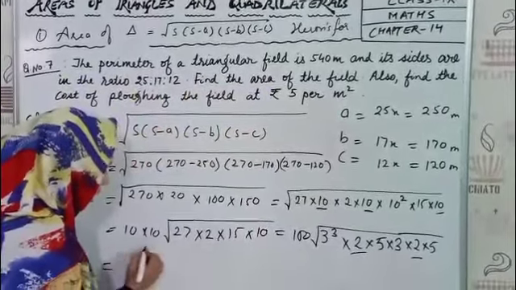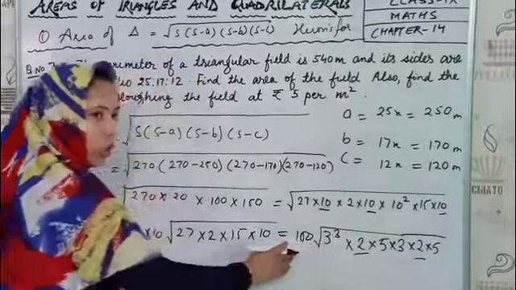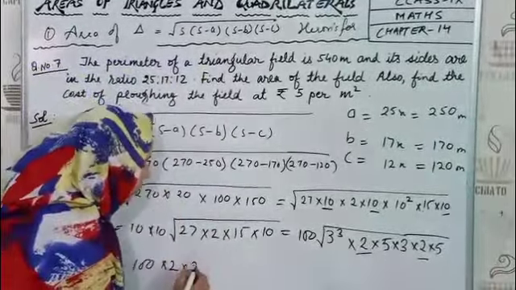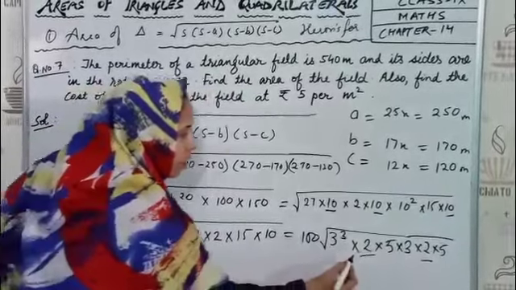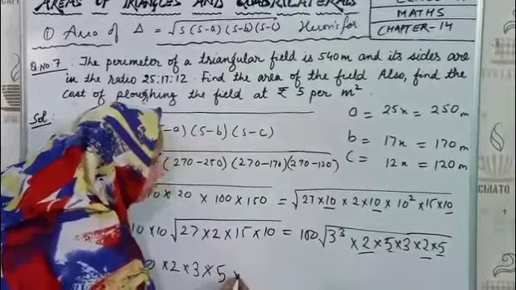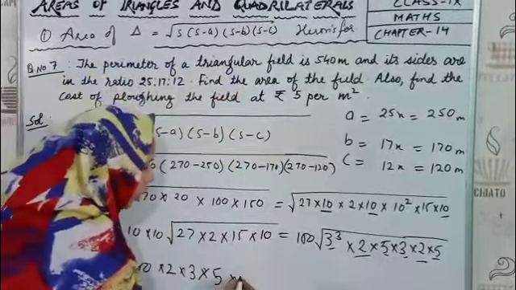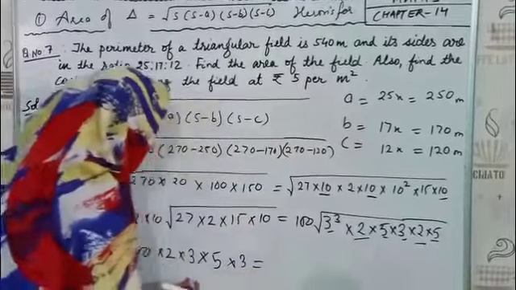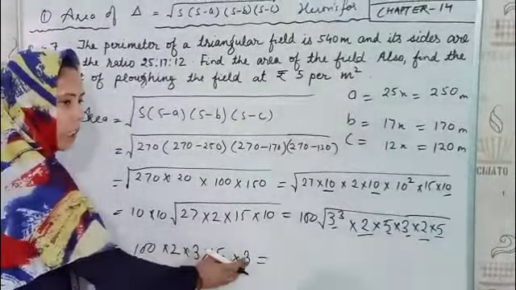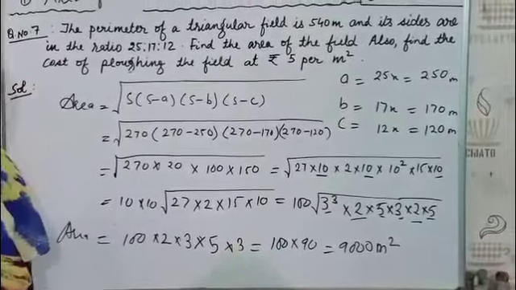So 100. One more 2 will come out. 3 cube, there are three 3s, so out of two, one comes out. There are two 5s, so one 5 will come out, and one 3 here and one 3 here. Total 4 3s, so one more 3. Now we will multiply it. We will get 100 into 3 2s are 6. 6 3s are 18. 18 5s are 90. Area will be equal to 9,000 meter square.